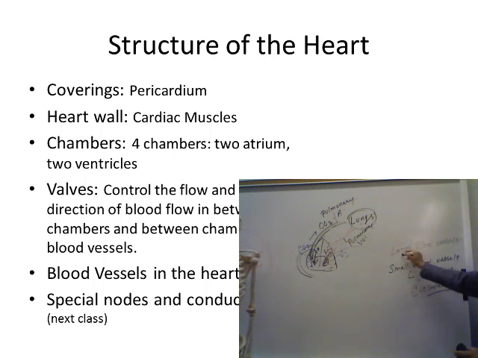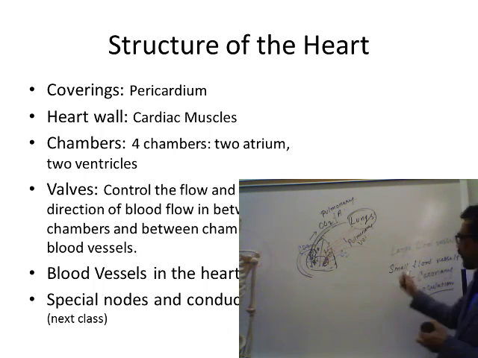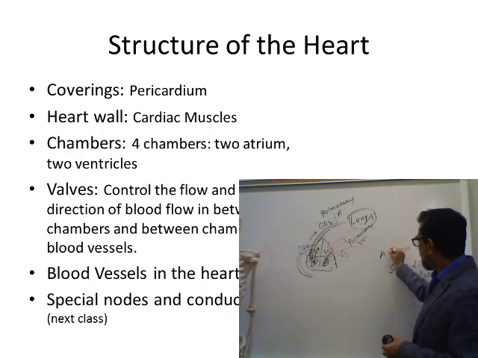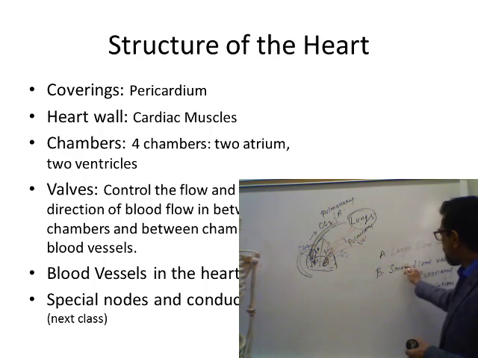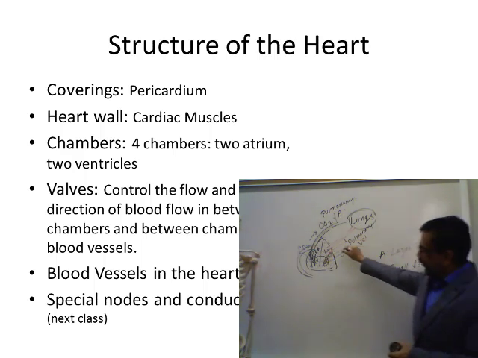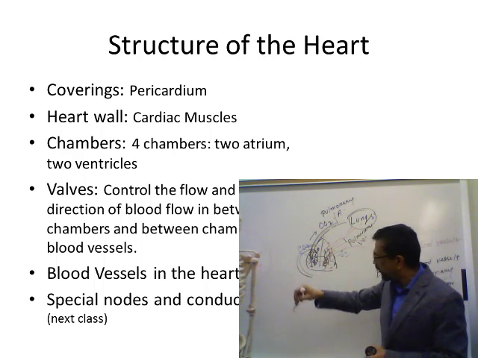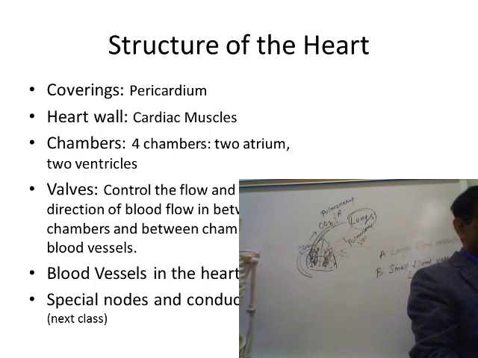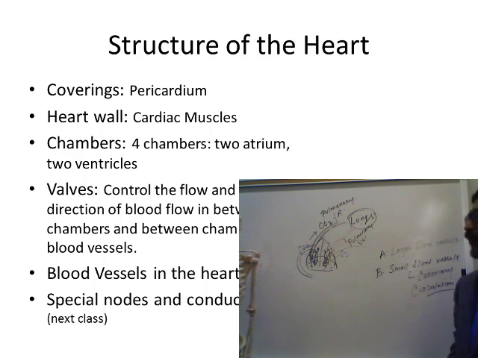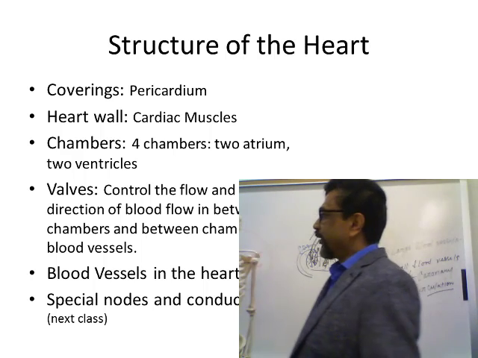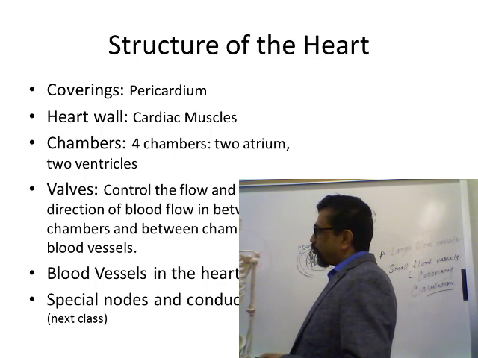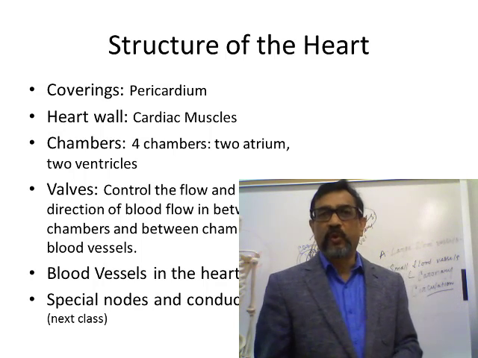Special nodes and conductive tissue. In the heart, you have nodes. Nodes are tiny round structures, and those nodes do what? Produce the electrical impulse, electrical signal, like a battery.